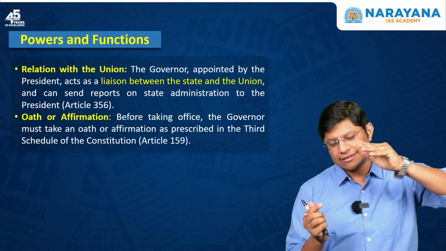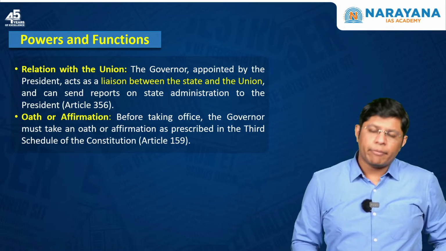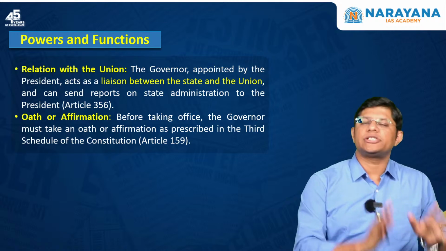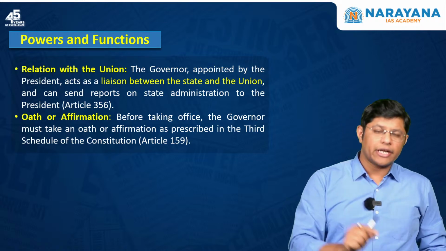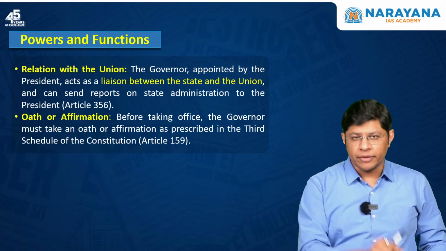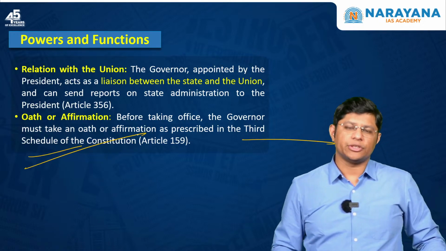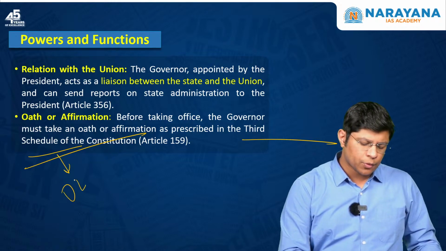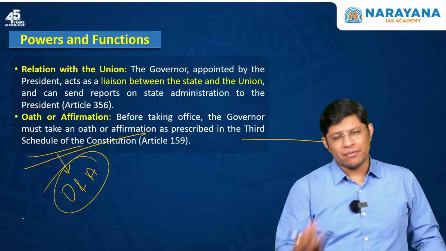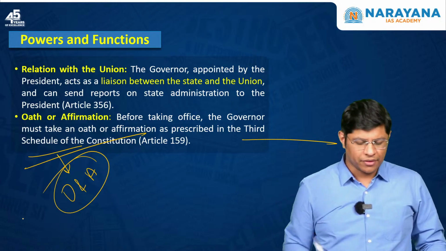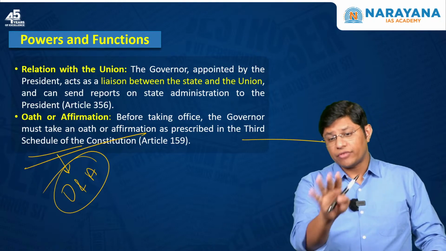Before occupying the position, the governor is expected to subscribe to an oath or affirmation as prescribed in the third schedule of the Indian Constitution. This third schedule deals with oaths and affirmations of prime ministers, ministers, etc. So these are the powers and functions of the governor.